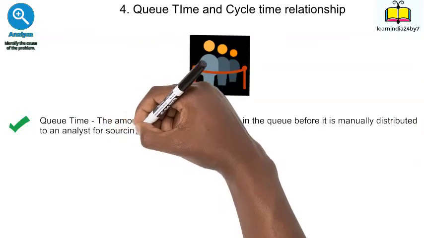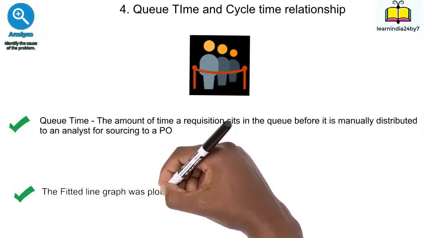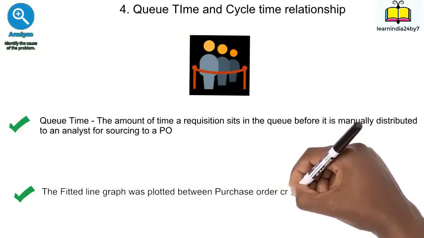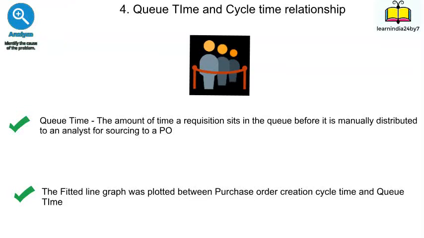Queue time is the amount of time a requisition sits in the queue before it is manually distributed for sourcing to a purchase order. The fitted line graph was plotted between purchase order creation time and queue time.